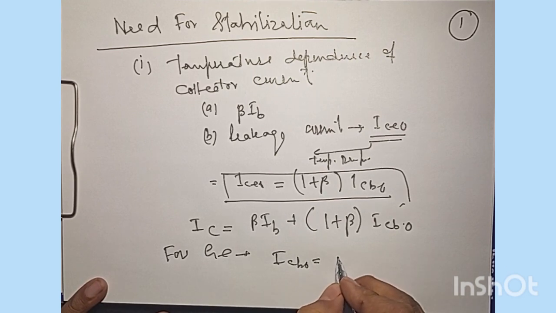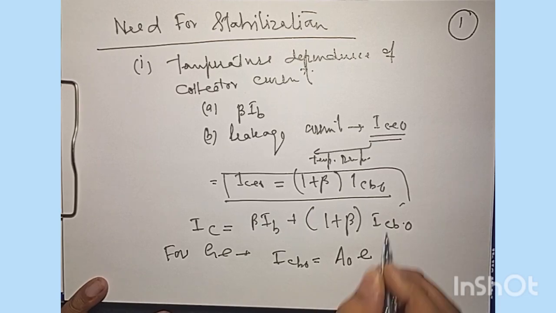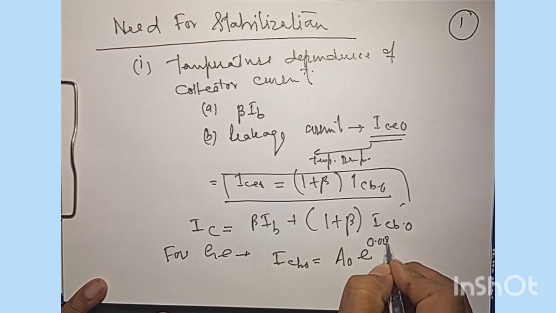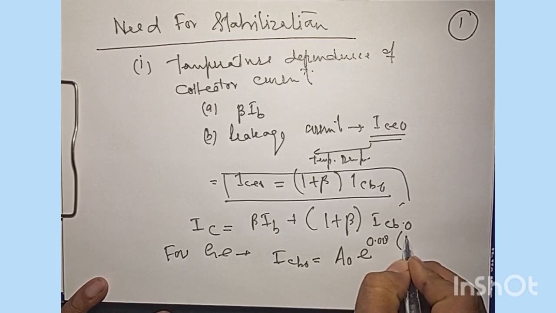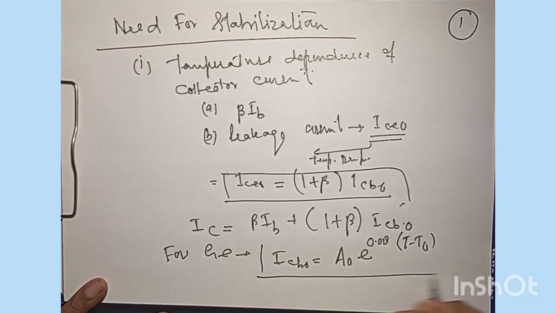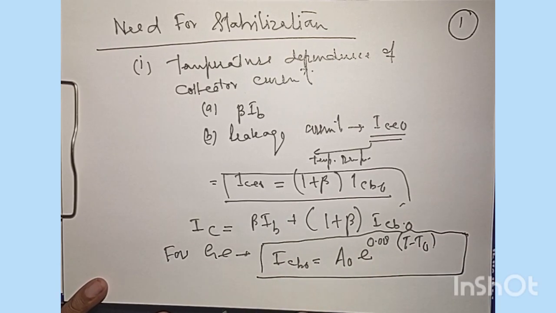It has an exponential relation, like 0.08 times (T minus T naught). This is the correlation between the temperature and the reverse leakage current.